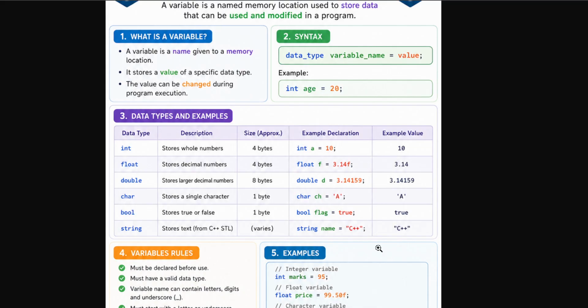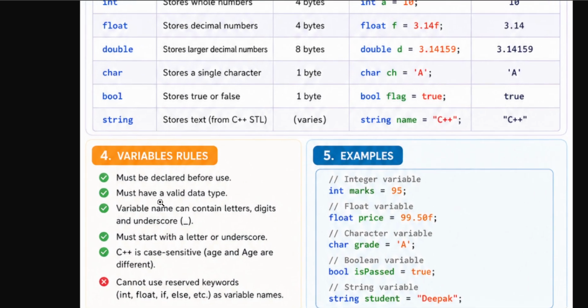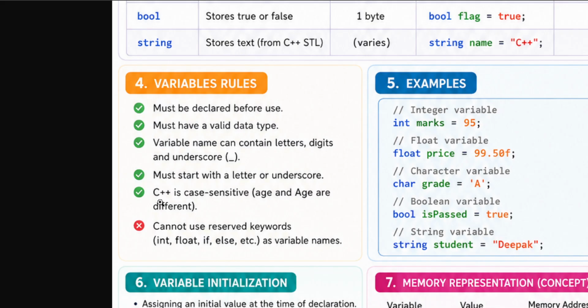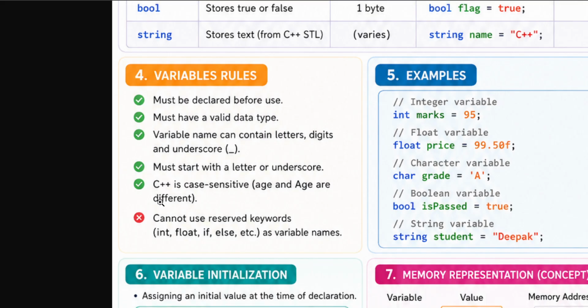and so on. There are also some rules for naming variables. A variable must be declared before use. It can contain letters, numbers and underscores. However, it cannot start with a number. Usually a variable name should start with a letter or an underscore.